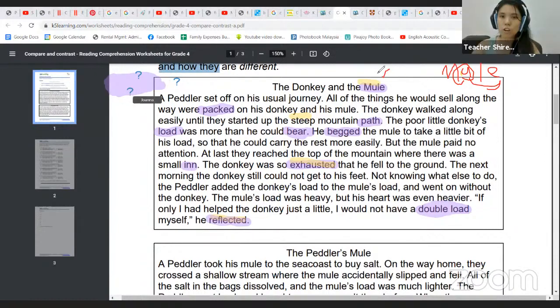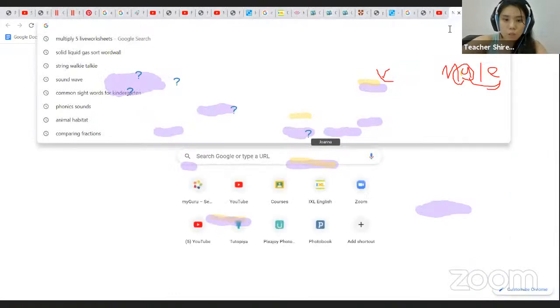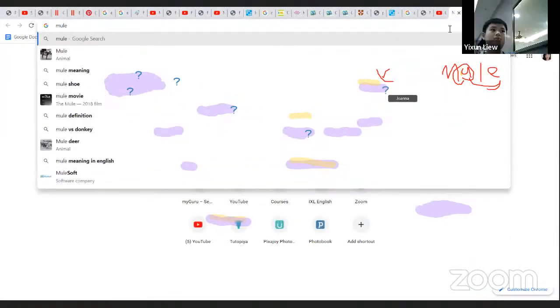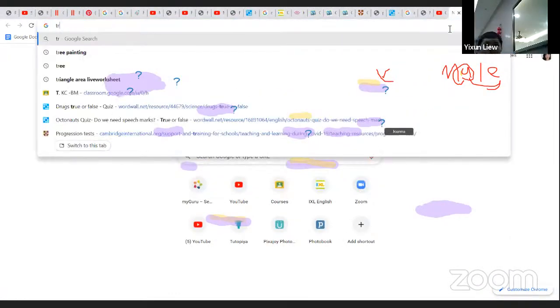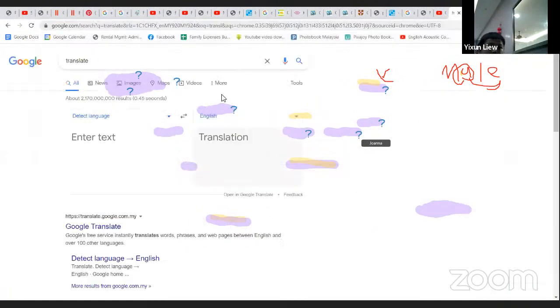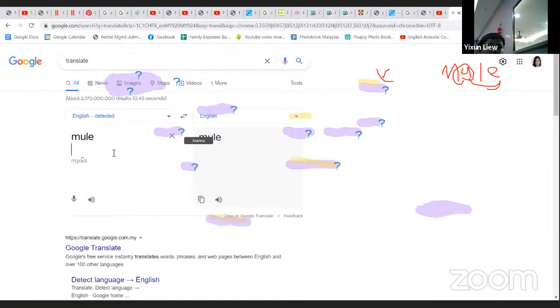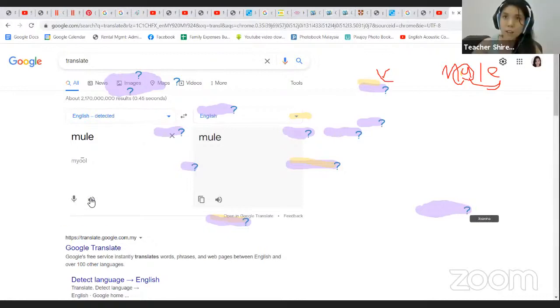All right, so this is called mule. Okay, let me share with you. Mule, can you hear that? Mule, can you hear that? Mule. All right.